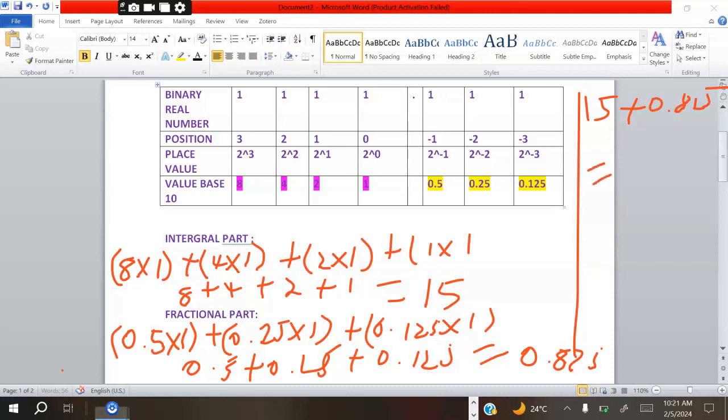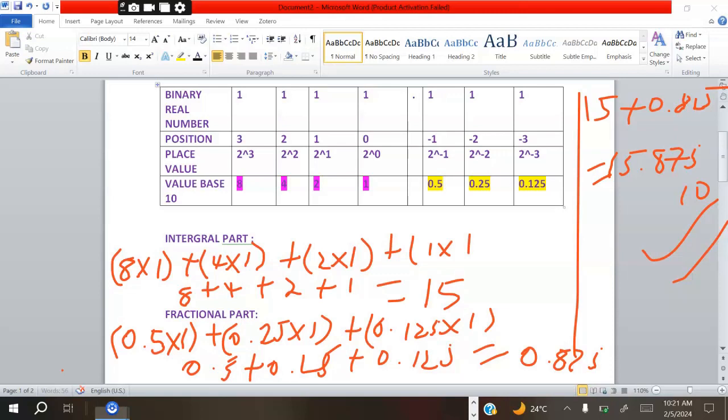So this one is supposed to give us a total of 15.875 base 10. So this is now the answer for this question.